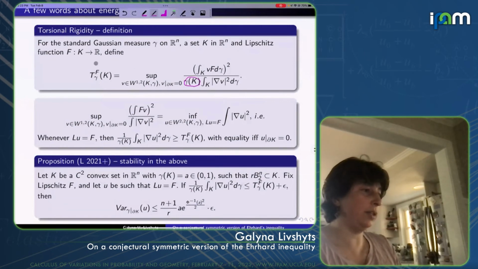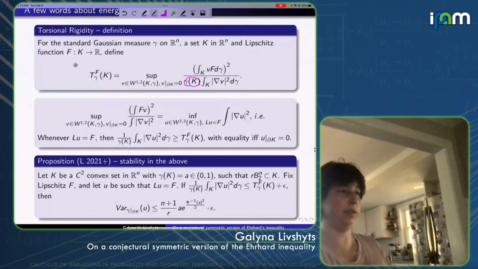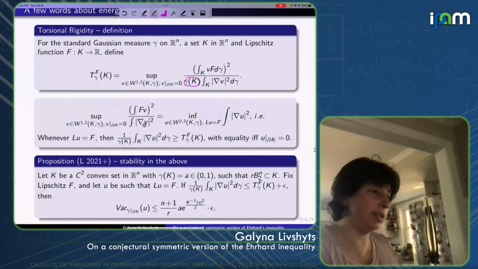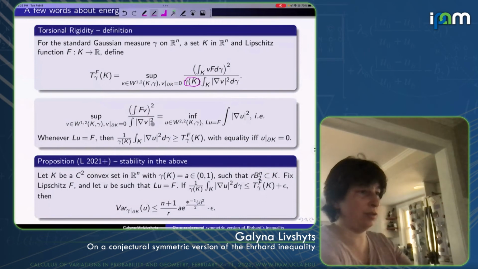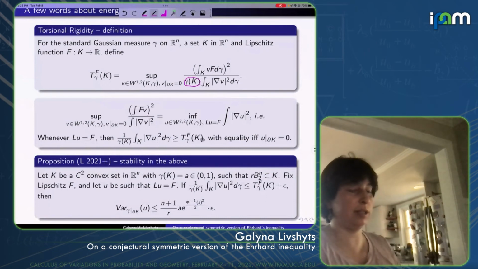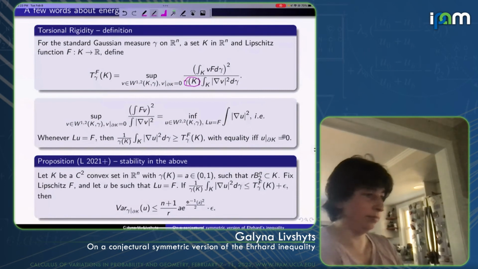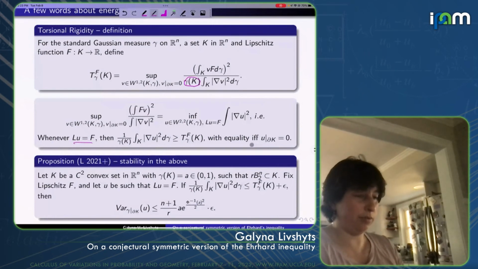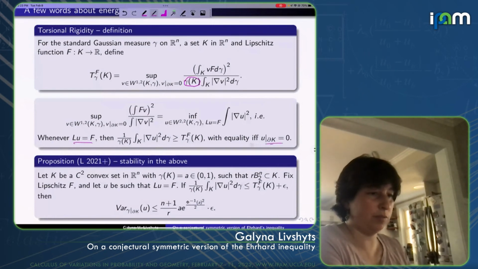So here I put an index f for some Lipschitz function f. And one can show, and it's unbelievably classical, that the supremum is equal to the infimum of the energy of this equation, and the equality is attained if and only if the function is zero on the boundary.